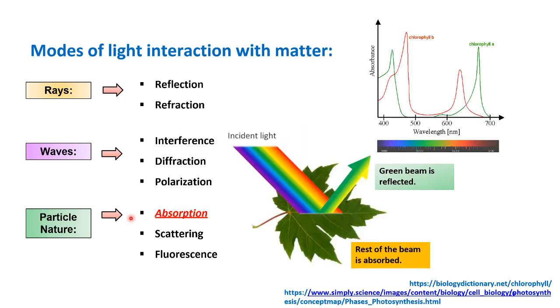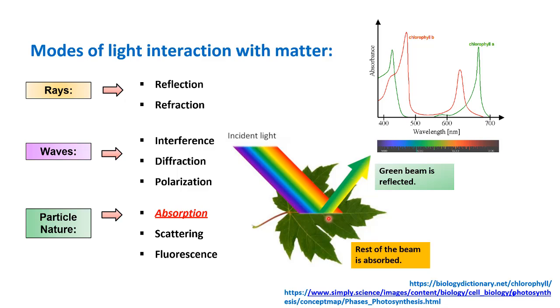Then the particle nature. When the light is getting absorbed, what is happening? The incident light has a spectrum of all colors, starting from the violet to the red. Whenever it falls on an object, suppose it is falling on a leaf, the property of the leaf is that it will absorb every light except the green light.